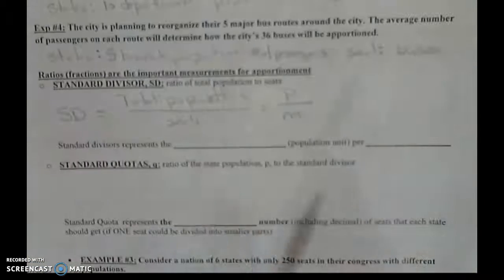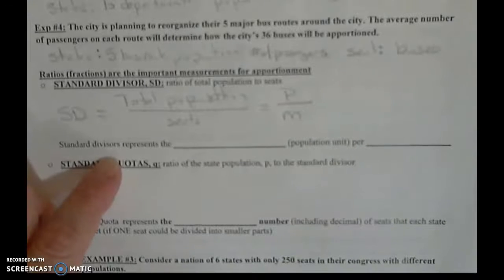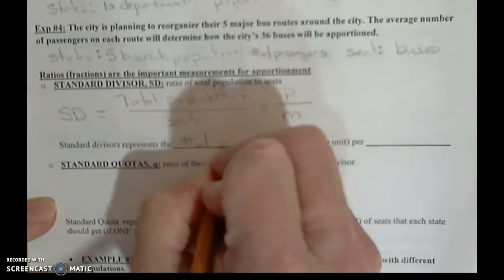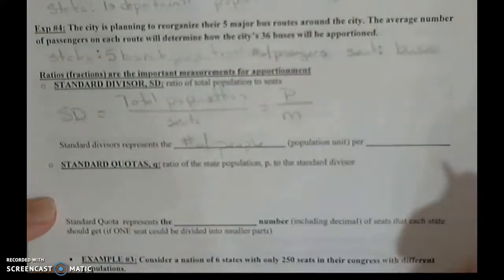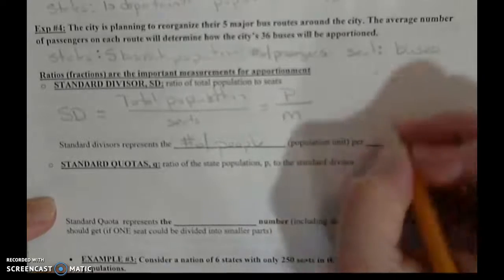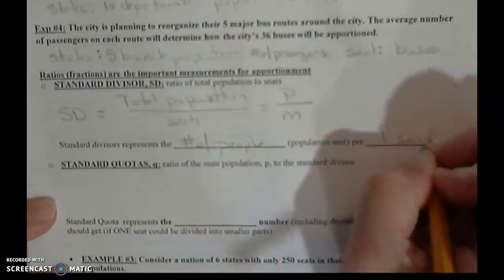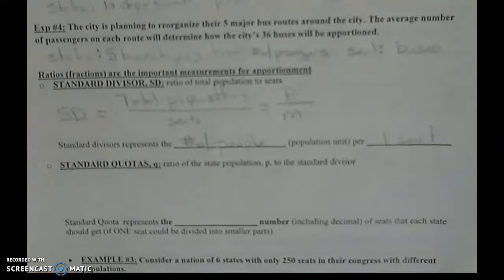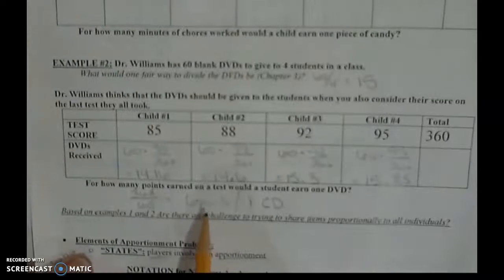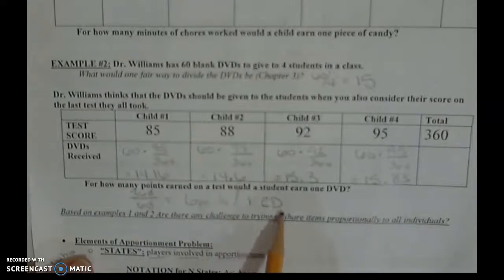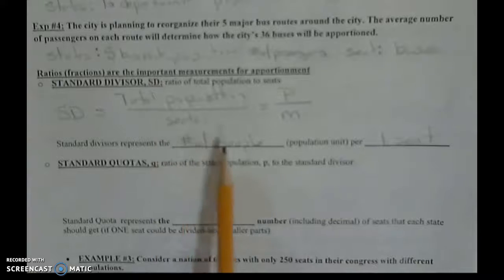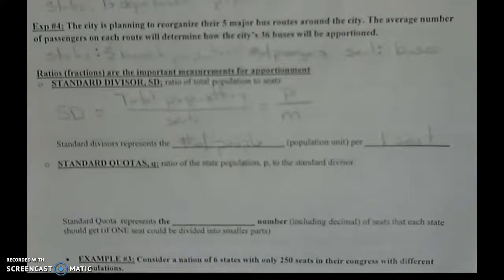That would be an example of what they were talking about when it came to our standard divisor. The standard divisor represents the number of people or population unit per one seat. They'll always think about people, just like on this example, it was points. So 6 points for one CD, it'd be whatever it is per one seat.